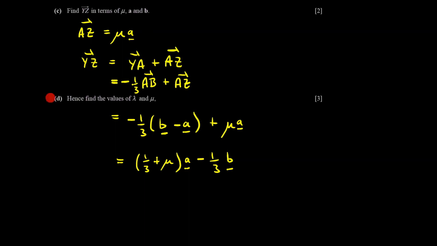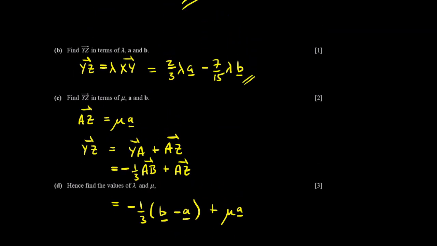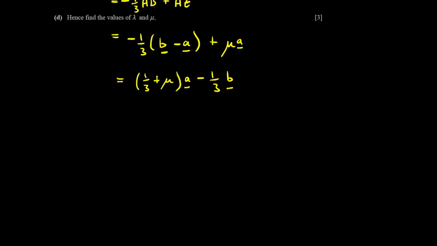Now, part D, sorry that I've run over, is hence we want to find the values of lambda and mu. Well, the key thing to notice is we've got two vectors that are YZ, that's here and here. So these are equivalent vectors, which means that the bits of A are the same and the bits of B are the same. So we can compare. So I'm going to write here comparing. Let's compare the A's.